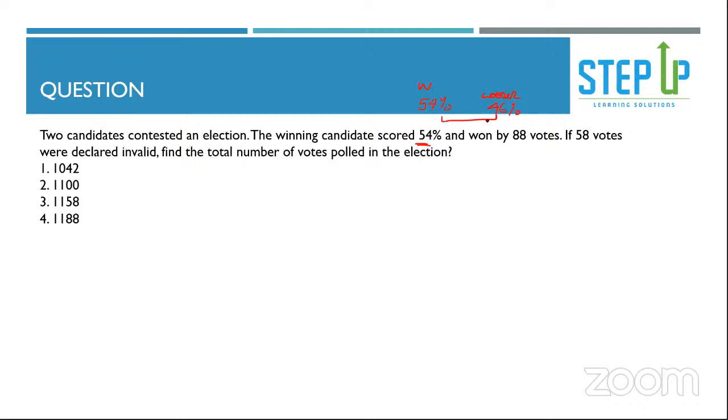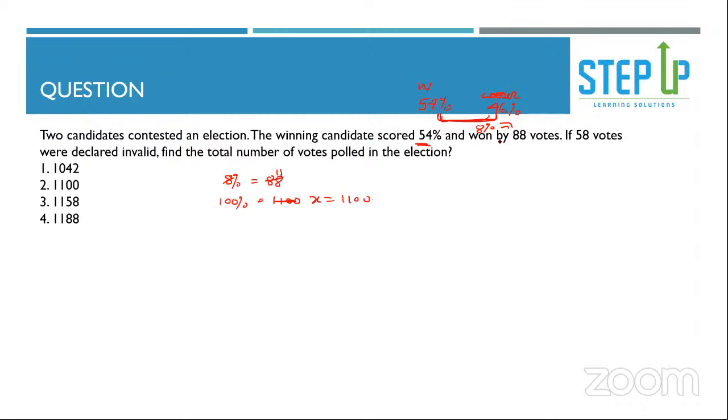What is the difference between them? 54 minus 46 is 8%. And 8% is equal to 88, right? So if 8% is equal to 88, then 100% is equal to 11 into 100, so x is equal to 1100.